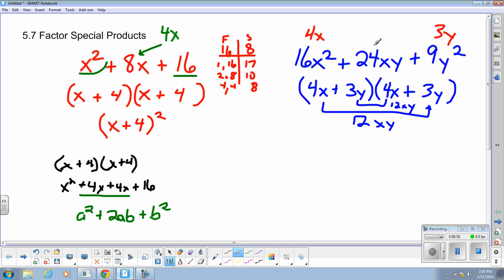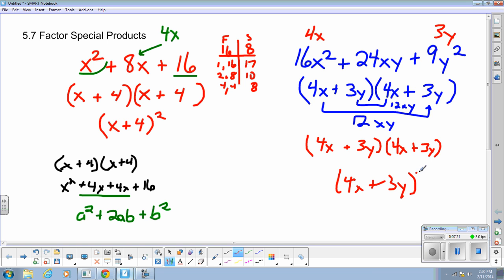That means I have a perfect square trinomial, and I can factor it by taking the square root of the first term, 4x, and the square root of the third term, 3y. Both signs in the middle are pluses, so I have a plus here and a plus here, which can be written as 4x plus 3y squared.